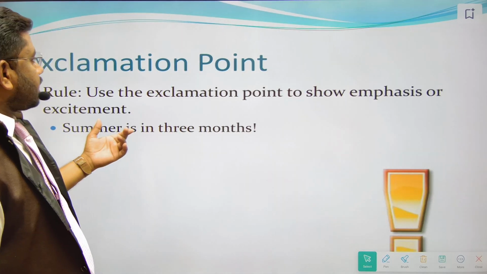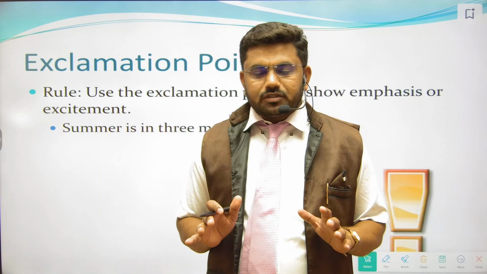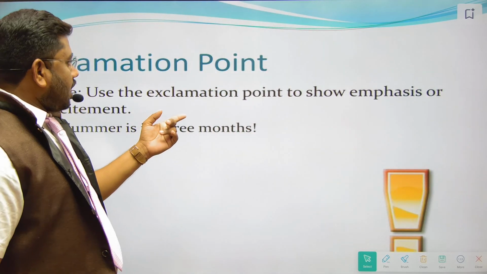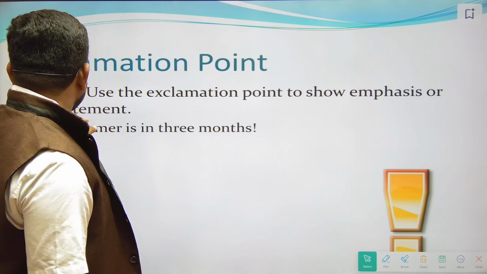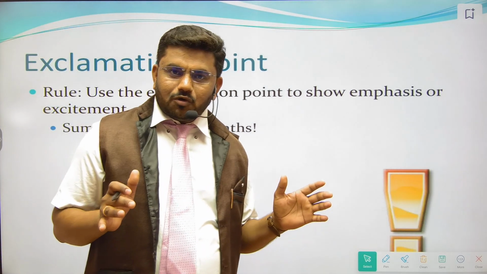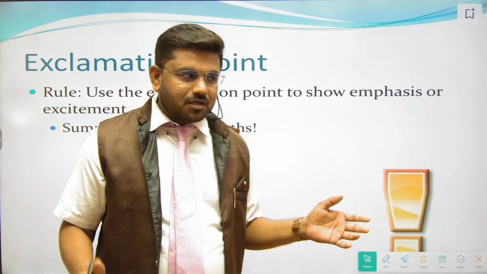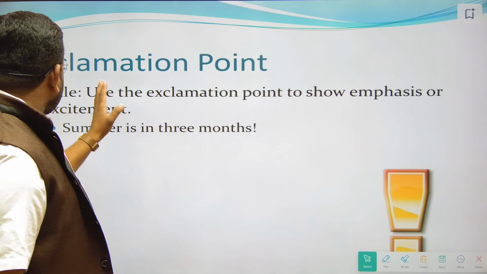Now see, the exclamation point or exclamation mark, we can say that is a punctuation mark. Use the exclamation point to show emphasis or excitement. If you want to say, what a beautiful building it is, like that at the end of this we have to use the exclamation mark.